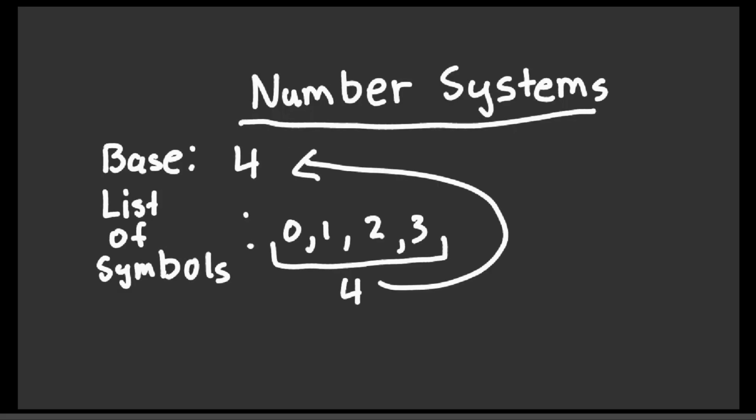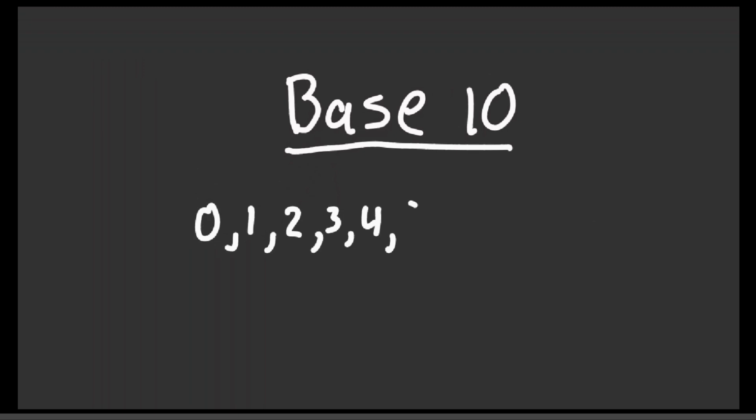The easiest example of a number system that everyone knows is the decimal system, also known as the base 10 system, consisting of 10 unique symbols, digits 0 to 9. Each position in a decimal number represents a power of 10.